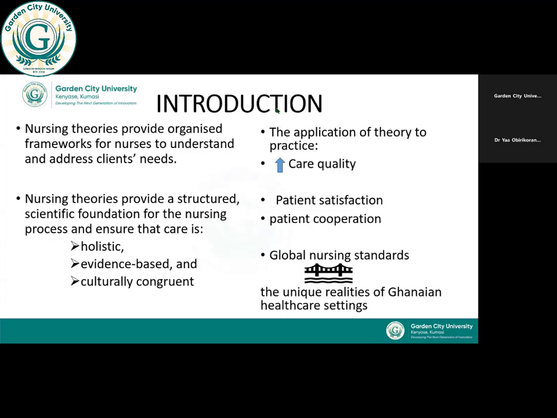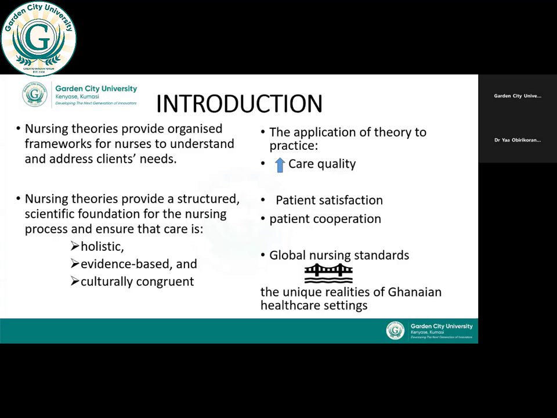And so the person is more satisfied, is able to understand what you are doing and can cooperate fully in the care that you are rendering for the patients.